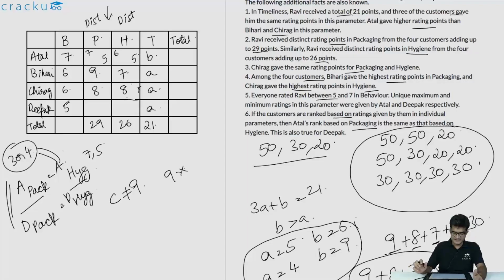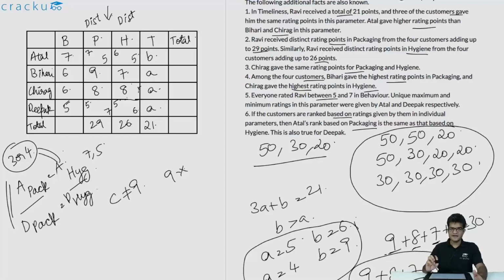In the first case, the score of Deepak in packaging will be equal to 5. And the score of Deepak in hygiene will also be equal to 5 because he got 4th rank in both of them. In the second case, Deepak got the 3rd rank and Atal got the 4th rank. So if Deepak got the 3rd rank, he would get 7 in packaging and 6 in hygiene. These are the two cases that are possible.